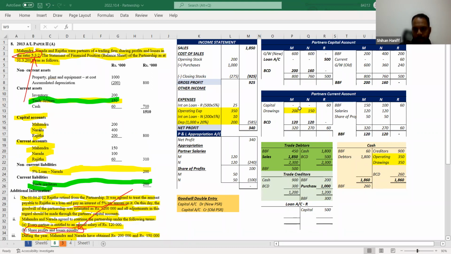We can take here 10,000. It has already taken. But you don't take Rajita's loan interest. It goes to current liabilities in the statement of financial position.